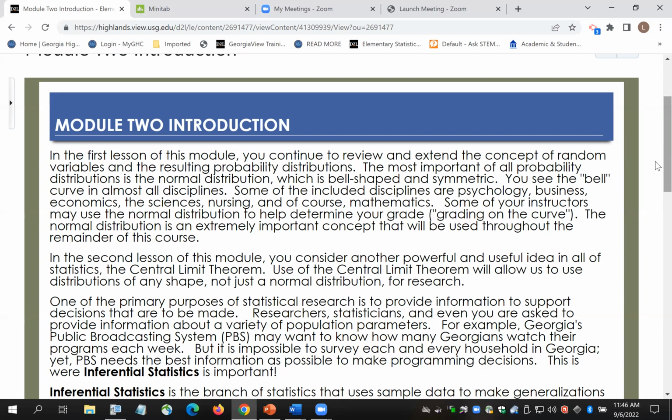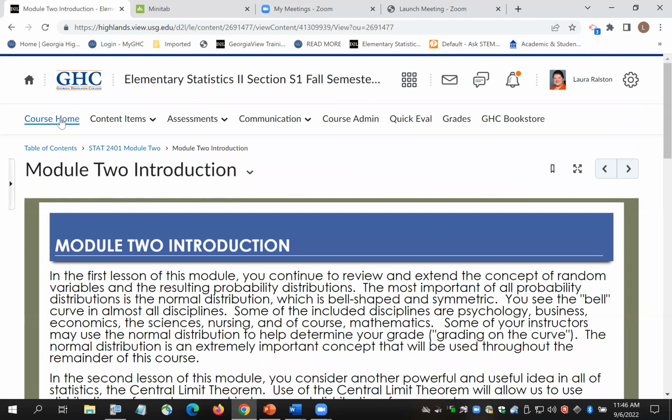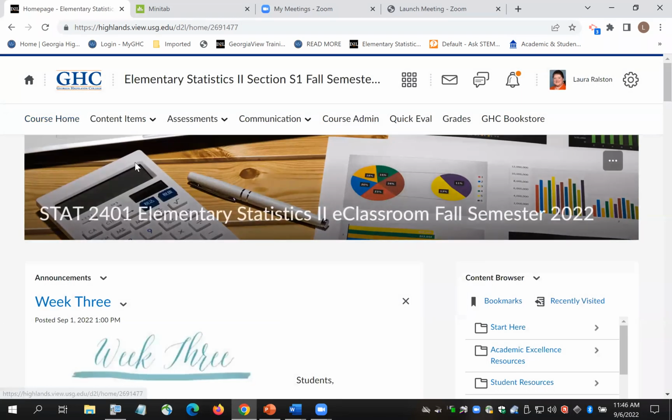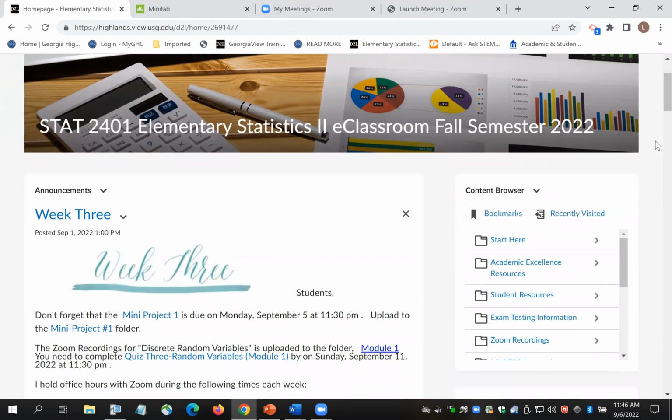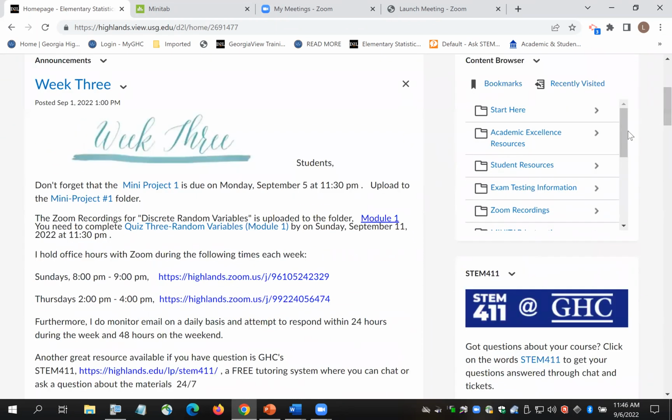Some of your instructors may use the normal distribution to help determine your grade, aka grading on the curve, and the normal distribution is an extremely important concept that will be used throughout the remainder of the course. So we're not totally leaving the discussion of random variables. The first lesson in Module 2 is going to address the normal distribution.